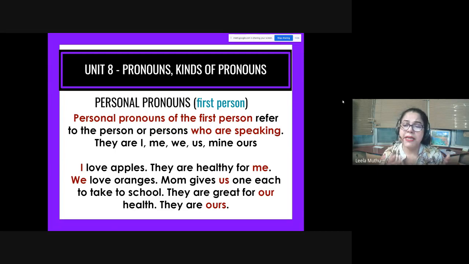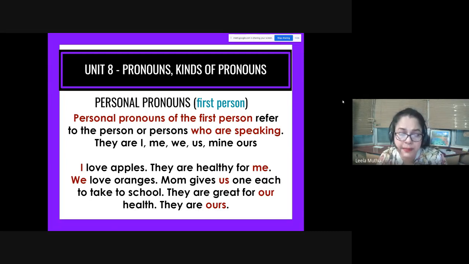So basically what you must remember, the personal pronouns of the first person refer to the person or persons doing the talking, I and we. The other ones referring to I, myself, me, mine, etc., are also connected to me, the person, or to the persons, we, who are doing the talking.